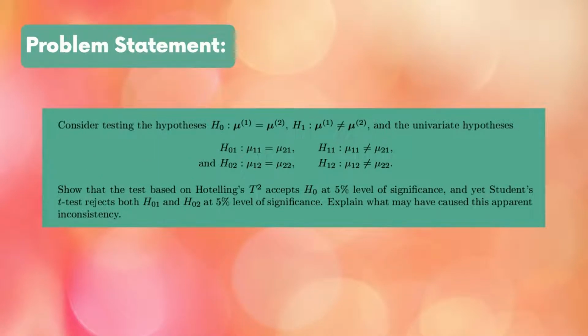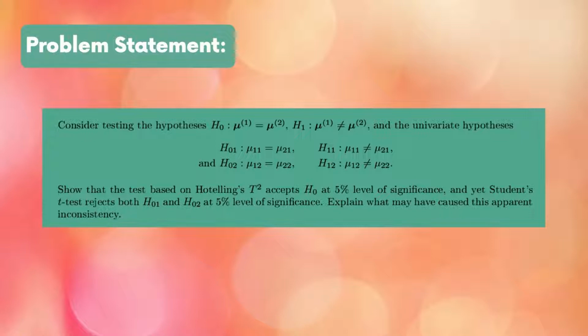Consider testing the hypothesis H0, where mu1 is equal to mu2, and H1 where mu1 is not equal to mu2, and the univariate hypotheses H01, where mu11 is equal to mu21, and H11 where mu11 is not equal to mu21, and H02 where mu12 is equal to mu22, and H12 where mu12 is not equal to mu22.